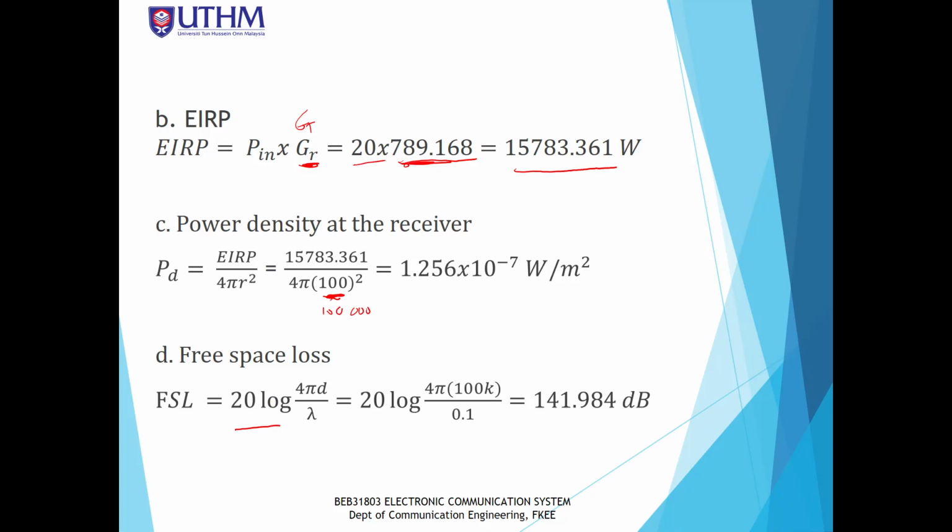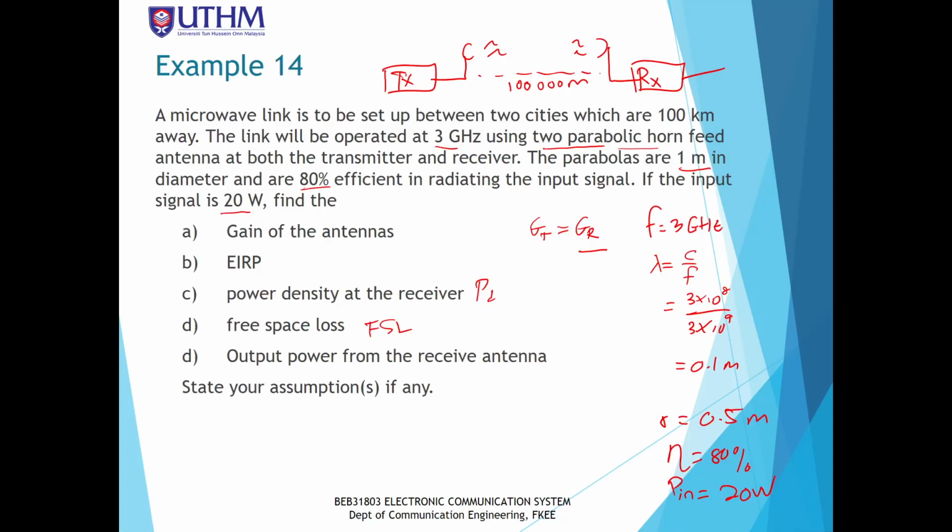D is the distance from transmitter to the receiver. So 20 log 4 pi multiplied with distance 100,000 meter divided by lambda 0.1. So we're going to get free space loss 141.984 decibel.